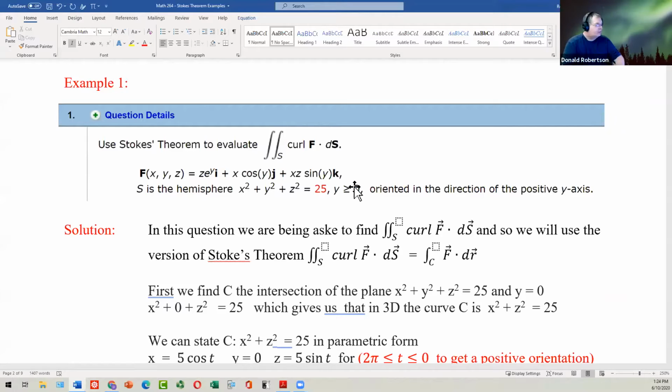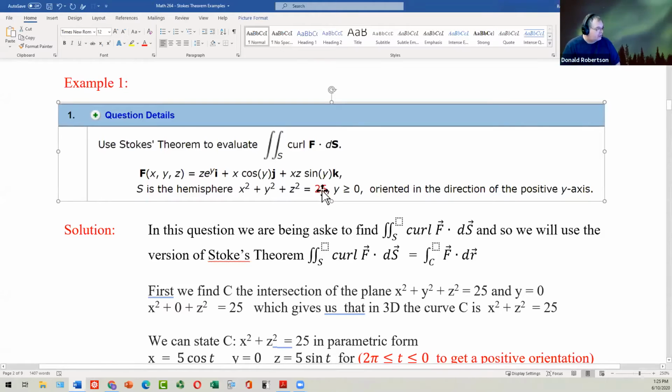When I try to find what the curve C is, I'm trying to find where x squared plus y squared plus z squared, which is the surface of a whole sphere, meets up with the slice y equals 0. So I'm picking y equals 0 because that's the boundary of the entire region.